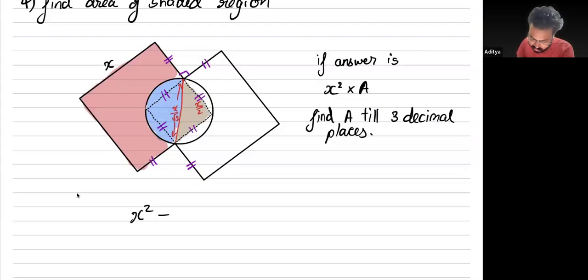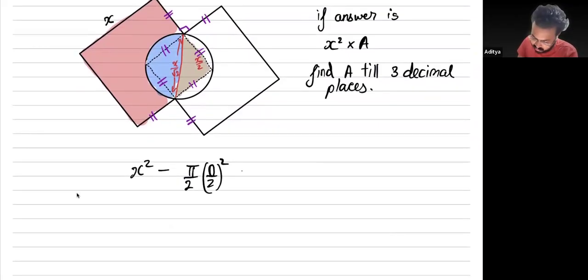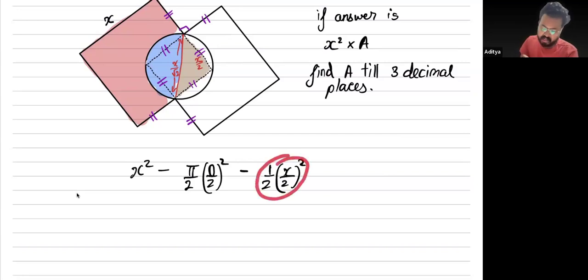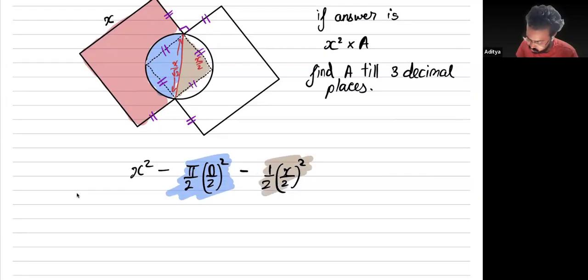So x square minus the blue region, which is half of pi d by 2 square, where you know the diameter already, and you have the half of x by 2 square. This is the area of your right isosceles triangle. I'll shade it over here also.